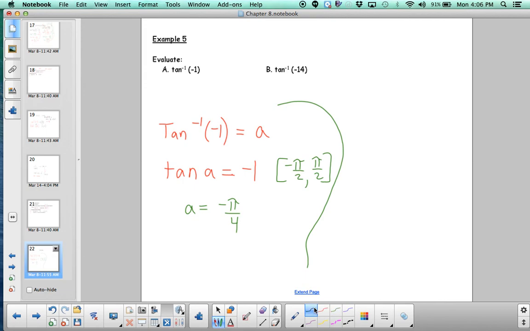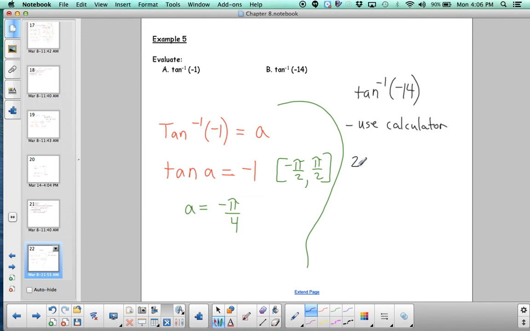And then for our second example, we notice that we have -14. In this case, we're going to have to use our calculator, and that's because -14 is not one of the coordinates on our unit circle.